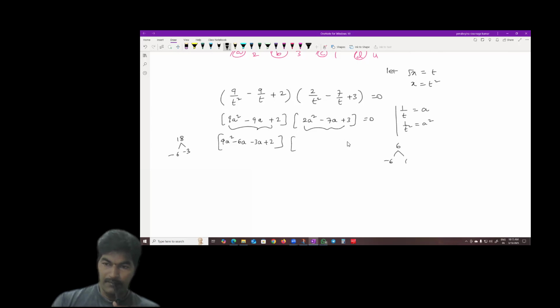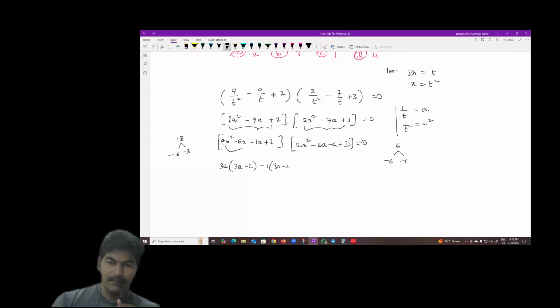You can take 6 and 1, minus 6 and minus 1. So 2a square minus 6a minus a plus 3 equal to 0. Now from the first two terms, take 3a, then it will be 3a minus 2. Take 1 only, minus 1.